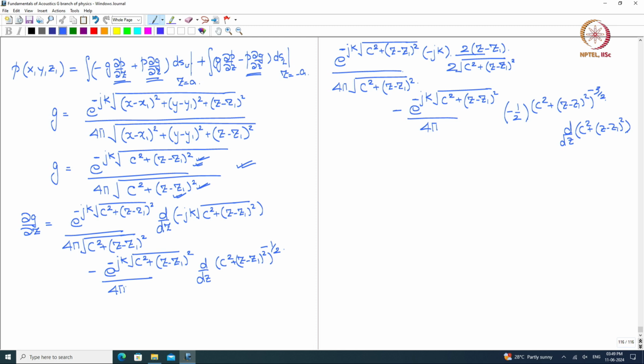Okay. So let us do some simplifications. 2 goes away, so I have minus jk by 4 pi e to the power of minus jk, I will just put this here and here, then z minus z1.